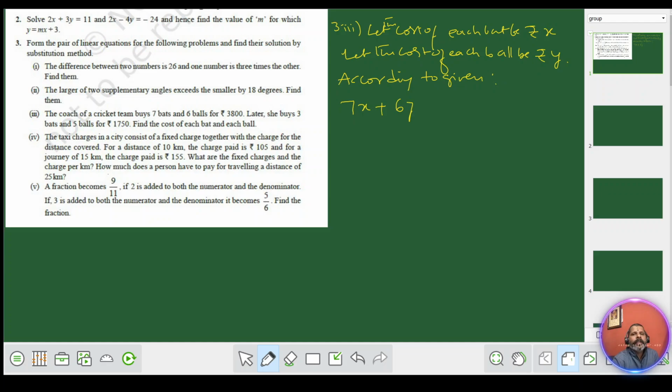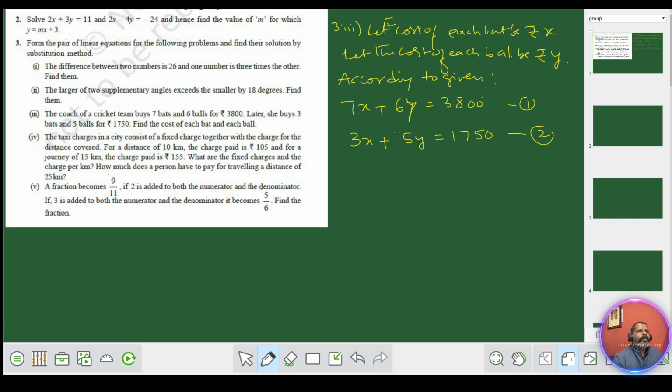They together add up to how much? 3,800 rupees. Sorry, not degree. It is 1. Similarly, 3 bats means 3x plus 5 balls, 5y equal to 1,750 rupees. So these are the equations 1 and 2.